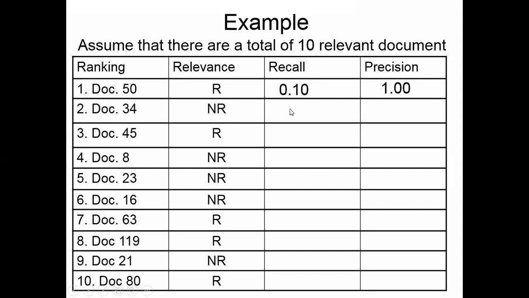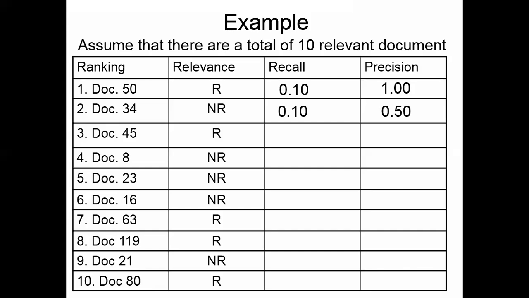So recall is the same, but precision is now reduced because there are 2 documents retrieved. Out of the 2 documents, 1 of them is relevant and 1 of them is irrelevant. So we calculate the precision by taking how many relevant documents are retrieved out of the total retrieved. That means 1/2, which is 0.5.